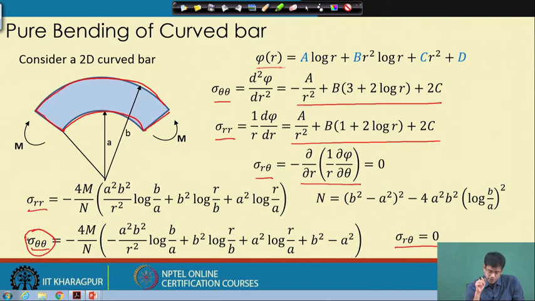Now, our present objective is to find the displacements, as we did for the rectangular or the straight case. We found from stress to displacement. As we have seen earlier, sigma r r, sigma theta theta and sigma r theta do not depend on the material.